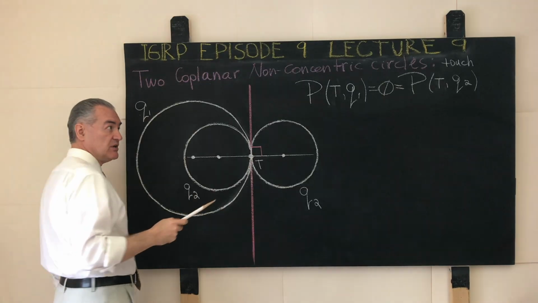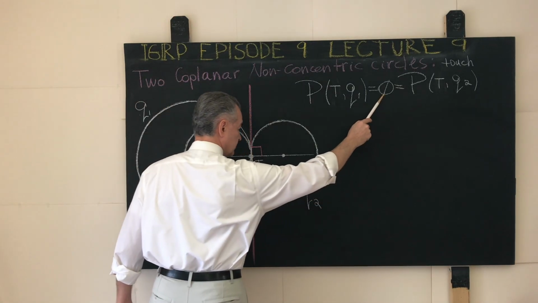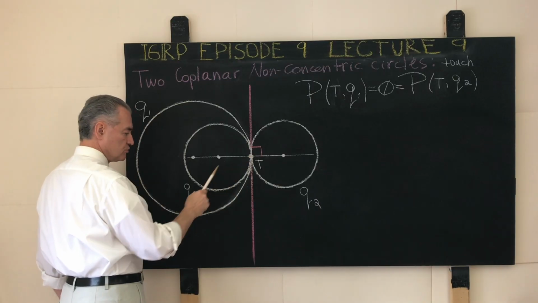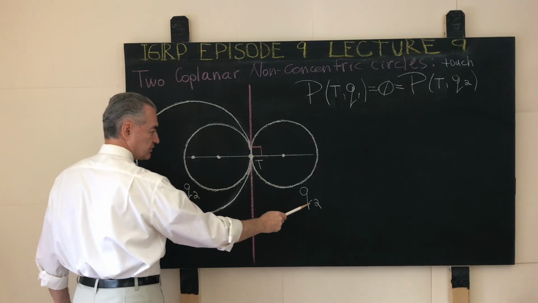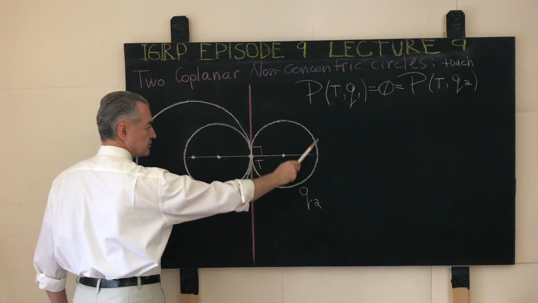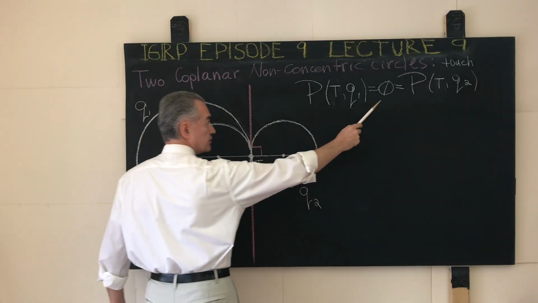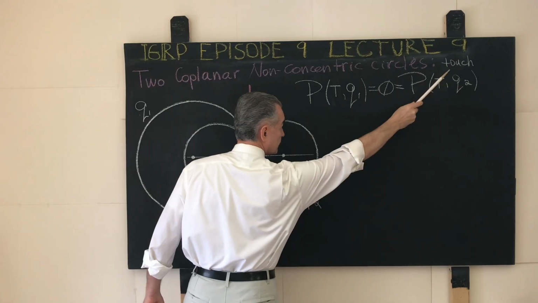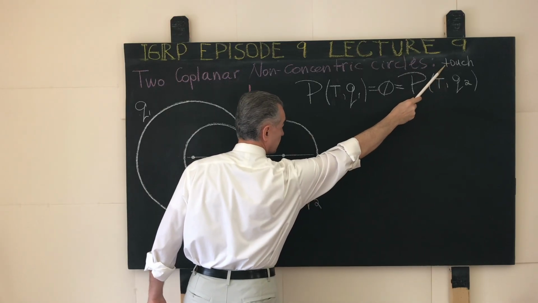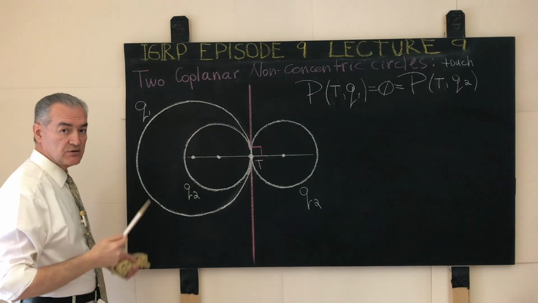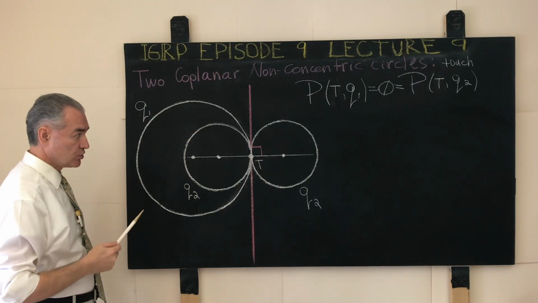Will also be 0, precisely because that point of tangency also belongs to the circle Q2, whether that circle touches the first circle Q1 internally or externally. 0 is equal to 0, so we know definitely the point T, the single point of tangency of our two circles, belongs to the radical axis of these two circles.